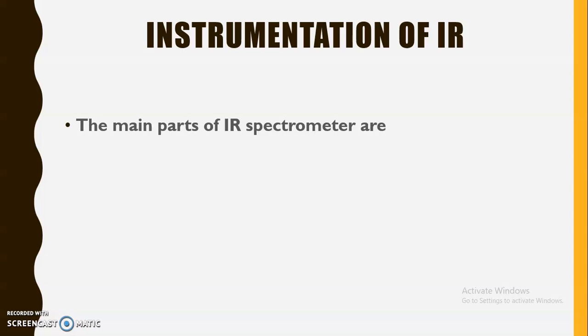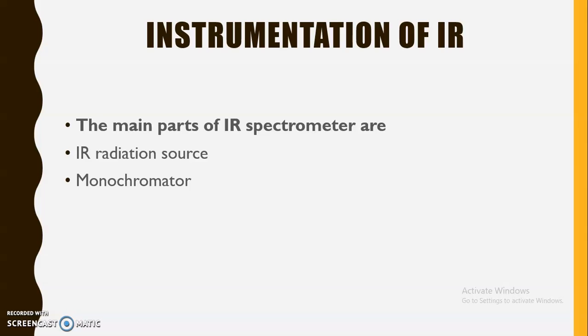These main four components of the IR spectrophotometer start with the IR radiation source, that is the radiation source that is used to produce the infrared radiation. These radiations are absorbed by our sample.